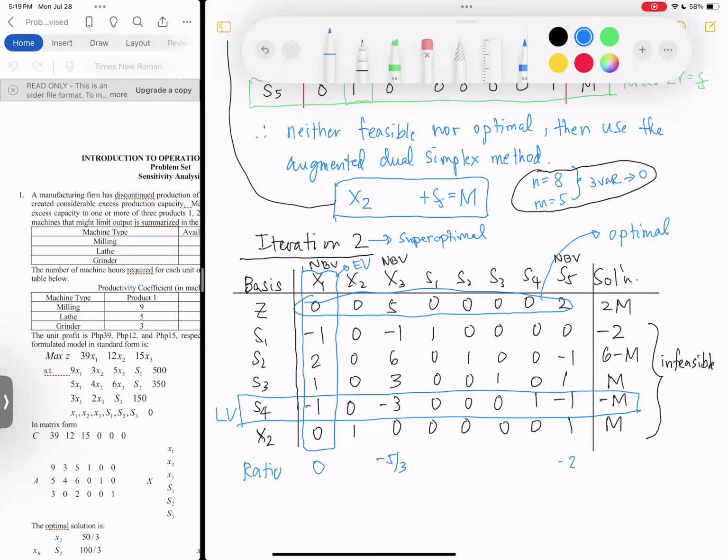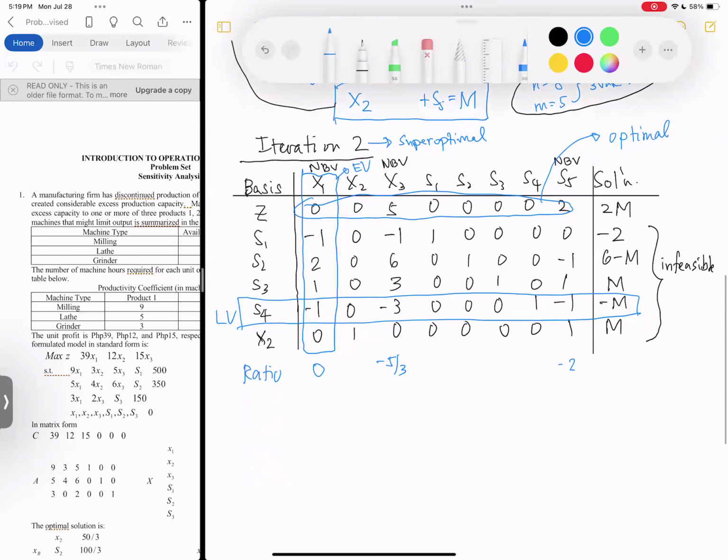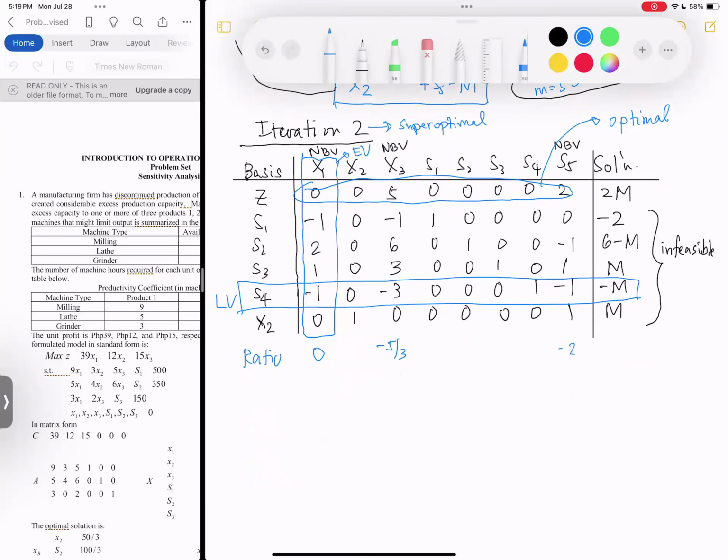Okay? And the rest is Gauss-Jordan na lang. It's procedure. Di ba? So we go back, iteration 3. Since iteration 2 is super optimal, we are now sure that the next iteration is either super optimal or optimal. Okay? So we'll have our basis.